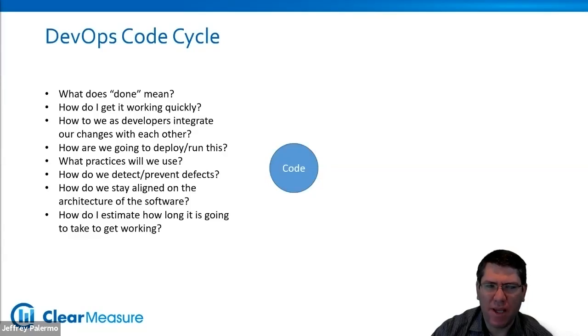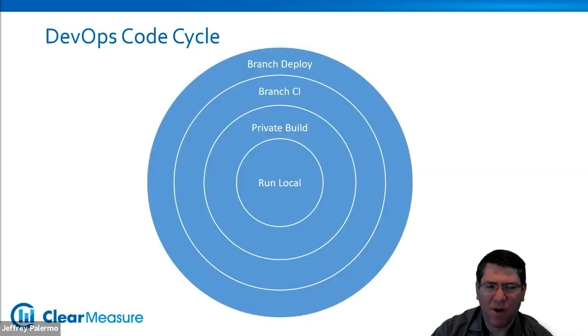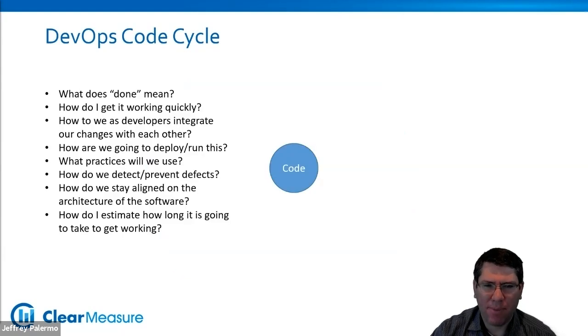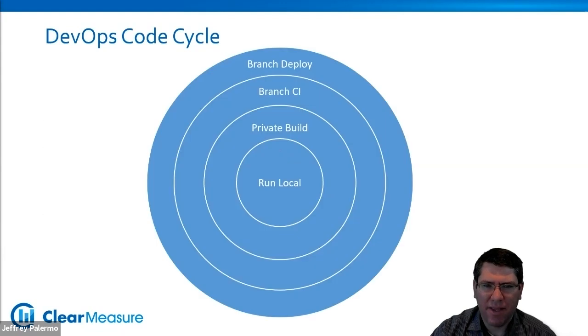I'm going to zoom into code and actually blow that into 4 interior layers, all within that code nucleus. So the boundary to get out of the code nucleus is a pull request. But if I'm totally within that code nucleus, then I do a lot of other cycles before I get to a pull request and push the code to master.